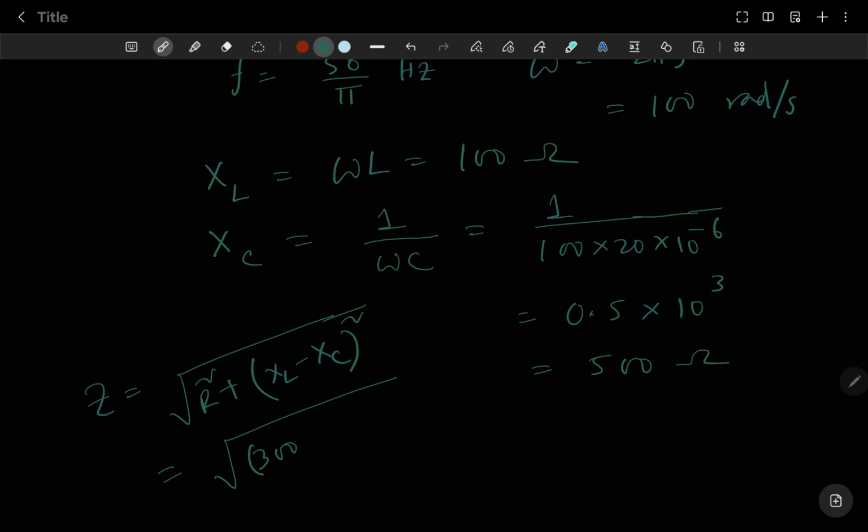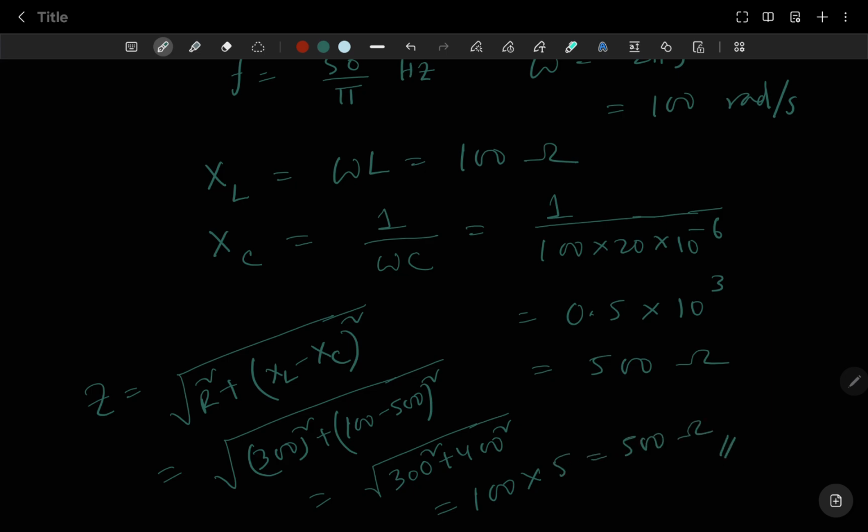It is 300 square plus 100 minus 500, so it will come out to be 400 square. So 100 square common, so it will be 100 into root of 3 square plus 4 square, which is 25. Root of 25 is 5, that is 500 ohm is the impedance of the circuit.